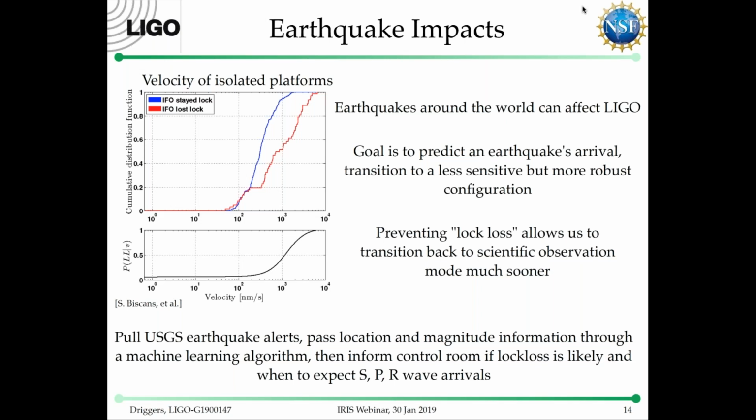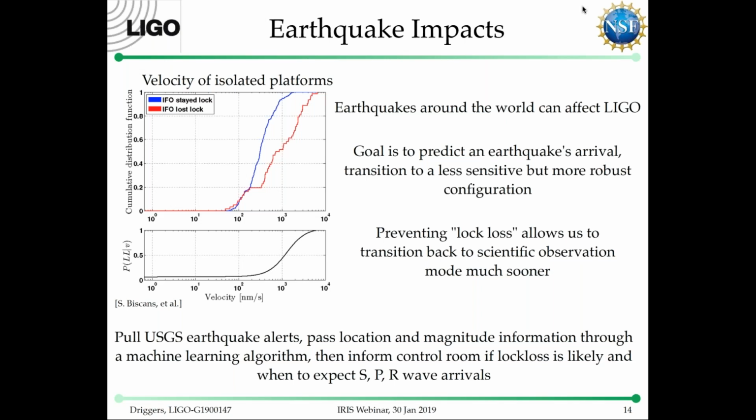But we think that we can loosen up on our control systems potentially and give ourselves a little bit more actuation range at the cost of high precision in order to keep the interferometer under control during an earthquake. Part of the key here is that if we lose control of the interferometer due to an earthquake or something, it can take between 20 minutes and an hour to bring ourselves back into scientific observation mode.